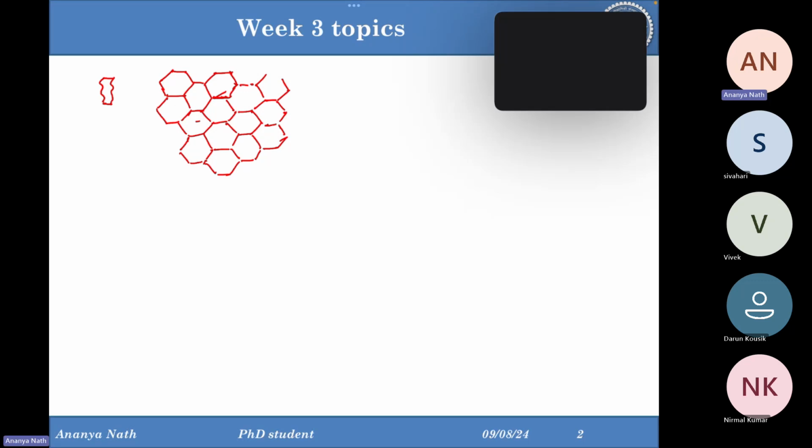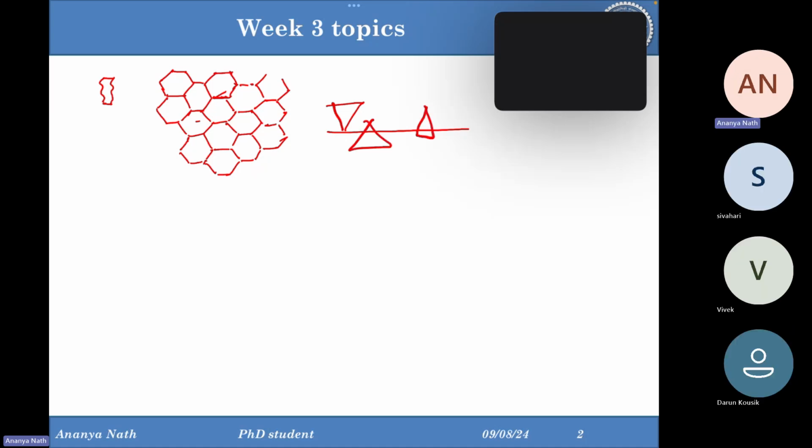Then we had the sorting of the triangles from the STL file. We select the slicing plane and see which triangles are cutting the slicing plane.